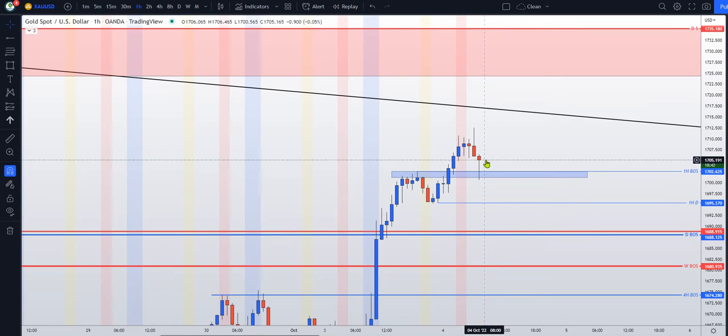If we see what we need to see on the lower time frames, a sign of exhaustion reversal, we are going to be taking some buys here, or I'm going to be taking some buys here. And this also represents a potential buy.